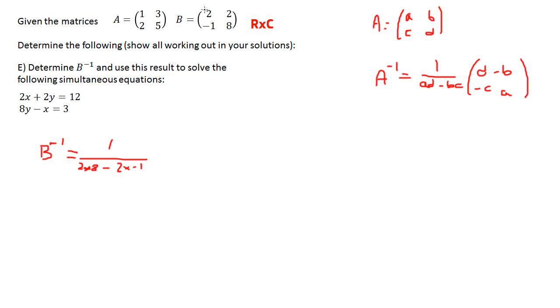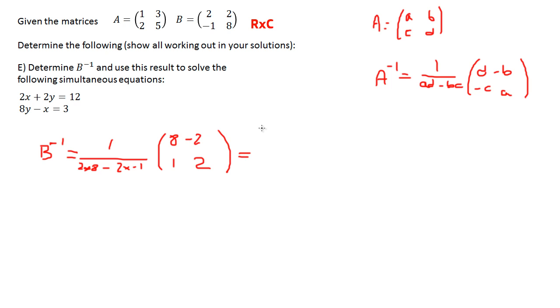So it's A times D minus B times C. Now we swap D and A, so 8, 2, and we make B and C negative, so C is already negative, so it becomes positive, and B becomes negative, minus 2.